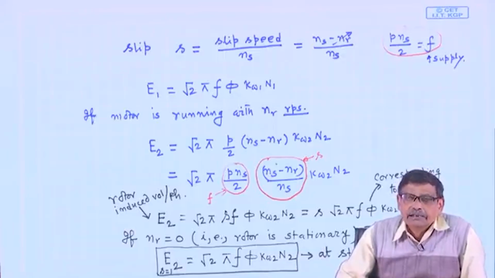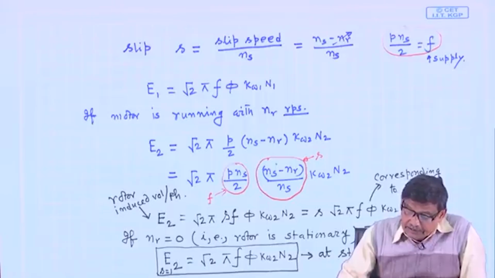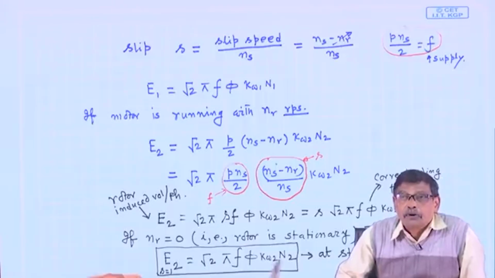They say, okay, the machine is running with a slip 0.05. It means that (Ns minus Nr) by Ns is 0.05.